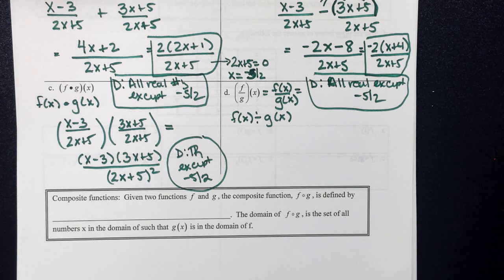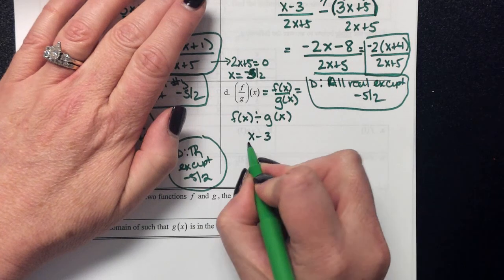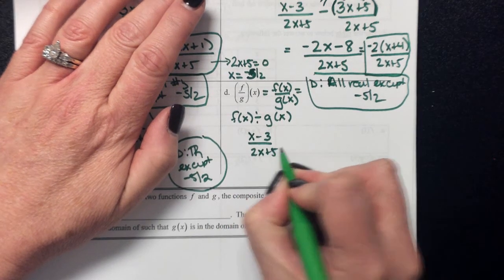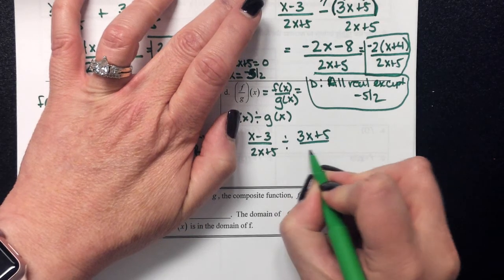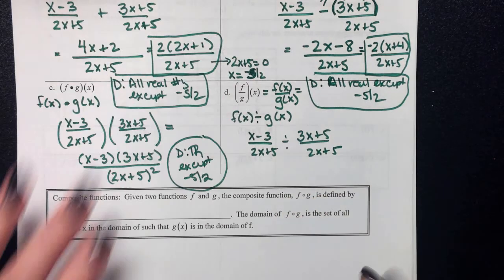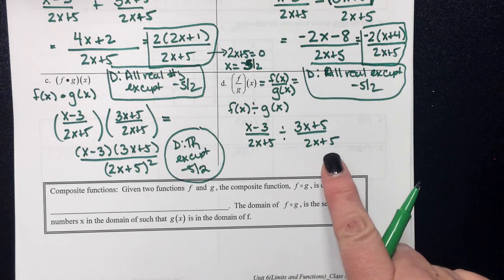So remember, division can be written one of two ways, vertically like a fraction, or written horizontally. So if I want to divide these two fractions, f of x is x minus 3 over 2x plus 5, I'm going to divide it by g of x, 3x plus 5 over 2x plus 5. Remind me again how we divide fractions. I have to take the reciprocal. Which one do I flip, the first one or the second one?